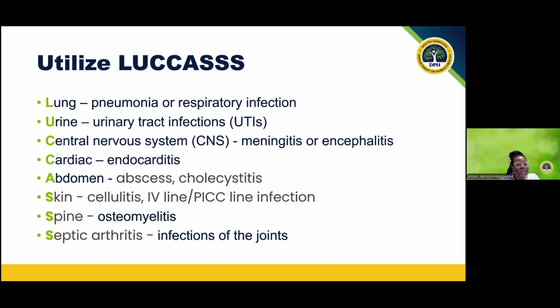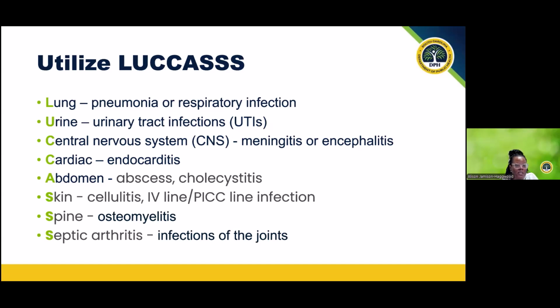So let's utilize LUCAS. How many of you have heard of LUCAS? So this is a mnemonic that's used in medicine to help remember potential sources of infection and to help in the diagnostic process of sepsis. It stands for lung, urine, central nervous system, cardiac, abdomen, skin, spine, and septic arthritis. And here you will see the different conditions that you want to identify when utilizing LUCAS.